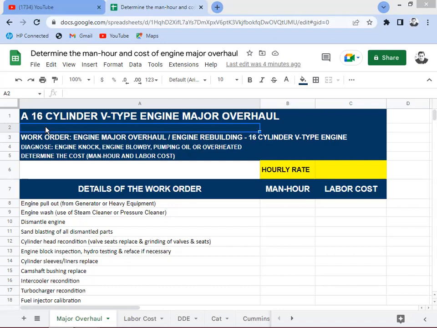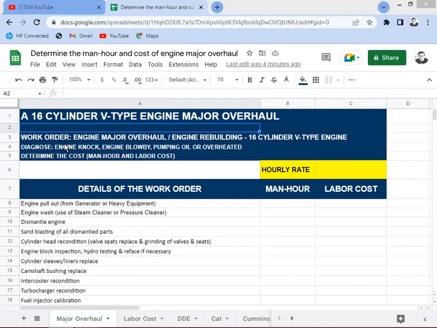One part of the costing is the labor, and others are the parts that are required to be replaced. So this is a 16 cylinder V type engine major overhaul, coming from the work order from the shop, which is run by the operations manager.